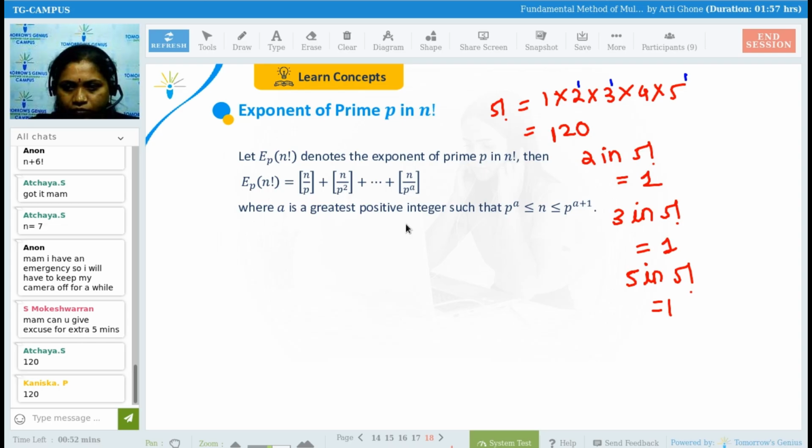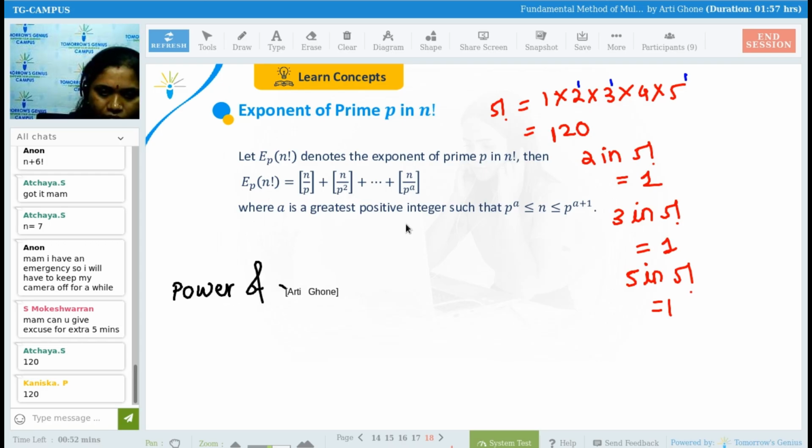Next, if I ask the same question, what is the power of 2 in 10 factorial? Is it that feasible? If I ask the same question, what is the power of 3 in 100 factorial?